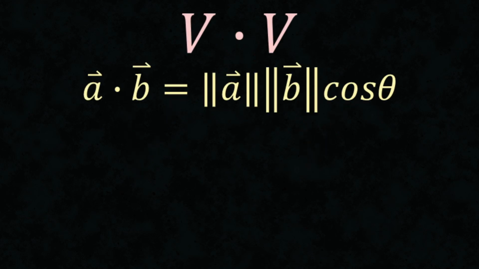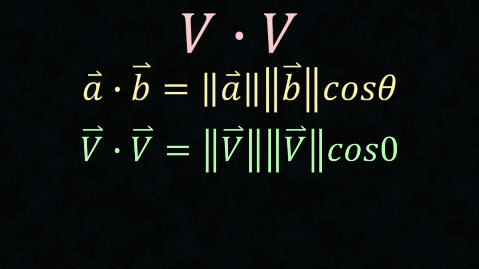This pattern is based on the function v.v. And at first I was pretty confused by what was going on here. But then when I dug into it a little further, I realized that if you remember, the dot product of 2 vectors is the magnitude or length of the first vector times the length of the second vector times the cosine of the angle between them.